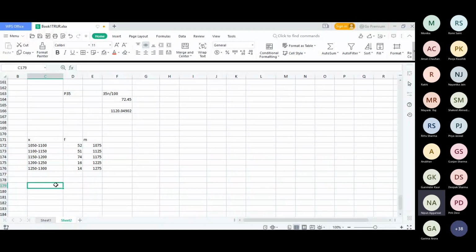For that reason, we will take the mode formula.